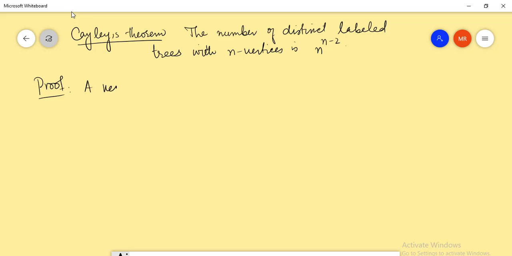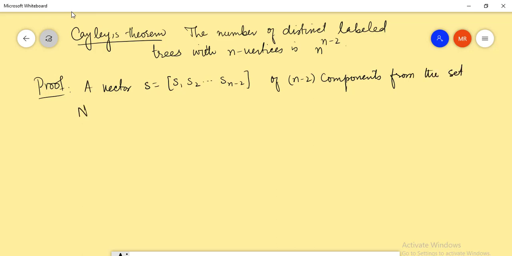We know that a vector S with components S1, S2, up to Sn minus 2, that is n minus 2 components from the set 1, 2 up to n, can be formed in n power n minus 2 ways.